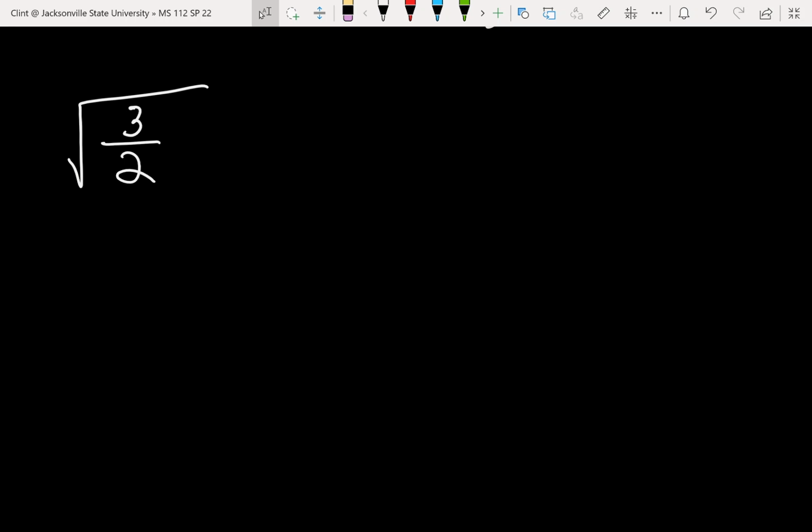square root, and then inside the square root we've got the fraction 3 over 2. Adding in a piece of information here, a little bit of review. We want to take the square root of a fraction. That is the same thing as taking the square root of the top over the square root of the bottom.